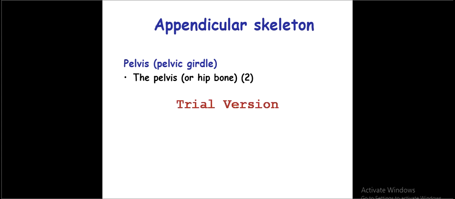Previously we discussed the arms, now we will discuss the pelvis or pelvic girdle. This is also known as the pelvic bone or innominate bone. The total number of bones in the hip is 2.